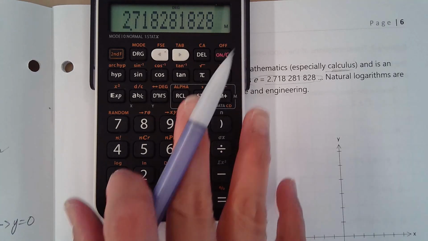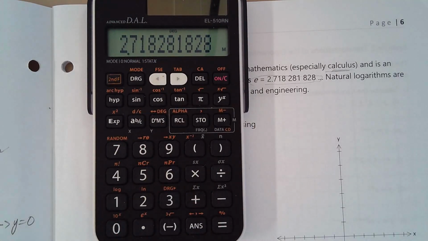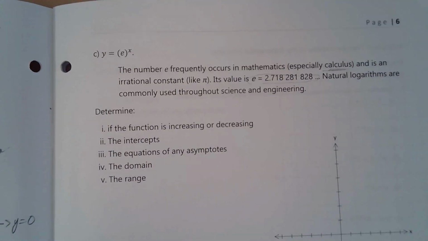And if I press that, it would be 2.718. Okay. Did you see e in your calculator? So 2.7.